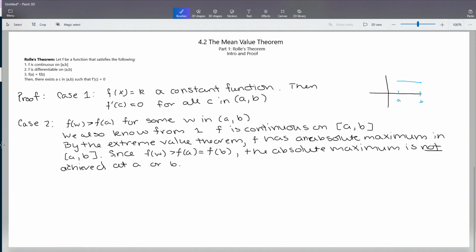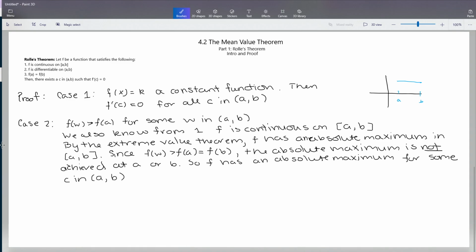So we can say it has to be at some other point. A point in the open interval, because we know it's not at A and it's not at B, right?